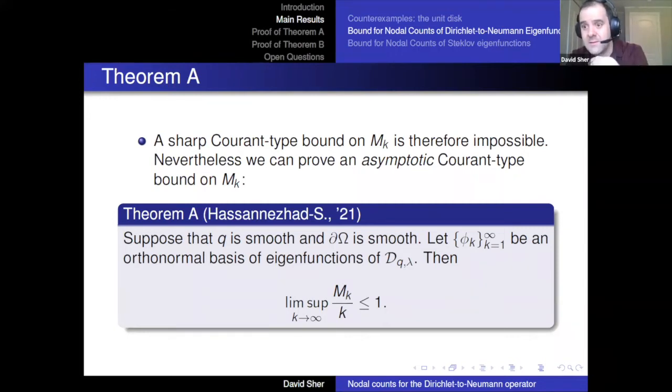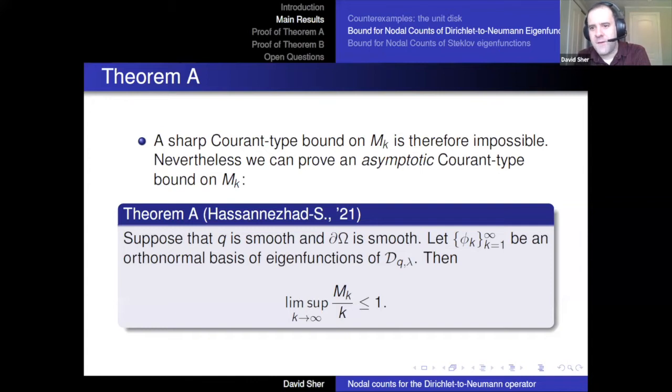We are forced to make this assumption by the techniques that we end up using. So again, phi_k are going to be an orthonormal basis of eigenfunctions of the Dirichlet-to-Neumann operator with potential and with lambda. Then what we prove is that the lim sup as k goes to infinity of m_k over k is at most 1. So m_k can be greater than k, but not too much and not for too long. So it bounds the excess.